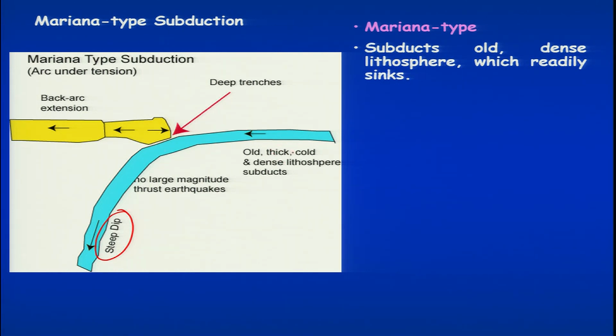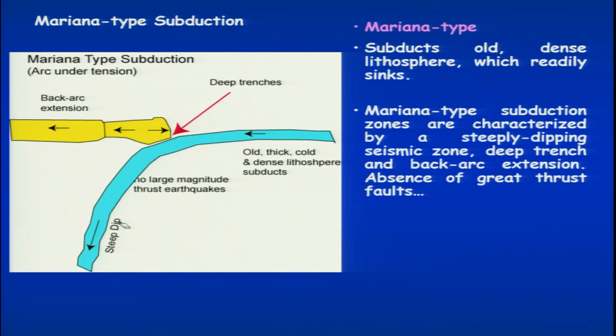Or maybe you can say thicker as well as denser, so it will subduct or be pulled down in such a way that it results in the steep dip. Mariana type subduction zones are characterized by a steep dipping seismic zone, deep trench, back arc extension on the overriding plate, and absence of great thrust faults.